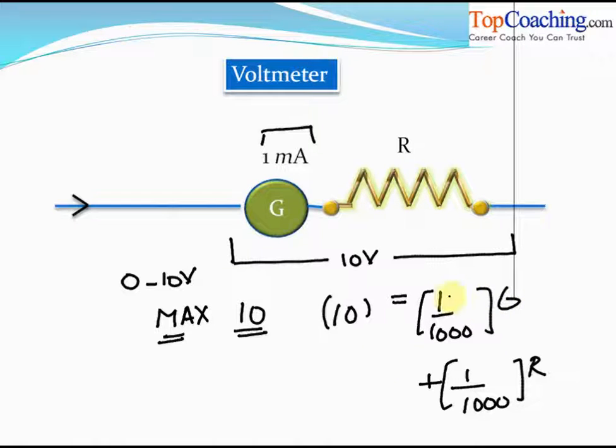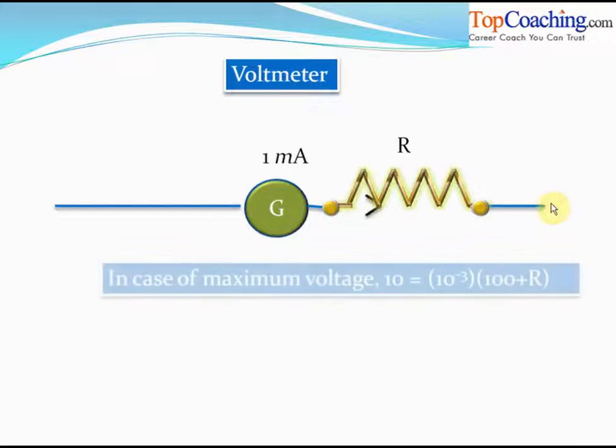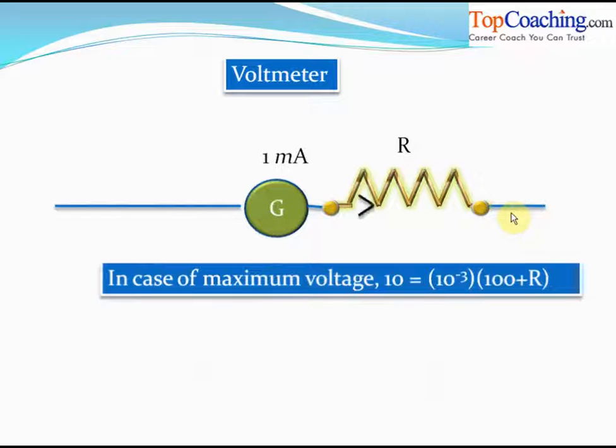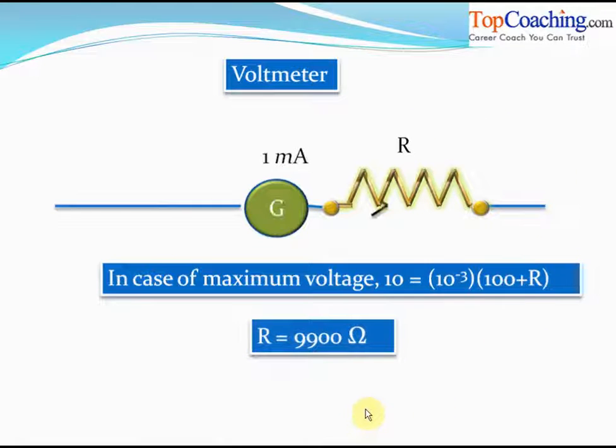Now we are given that the resistance of the galvanometer is 100 ohms. So basically the value of G is 100 ohms. In case of maximum voltage, this is the expression: 10 is 1/1000 into (100 plus R). That gives us the value of R as 9900 ohms.